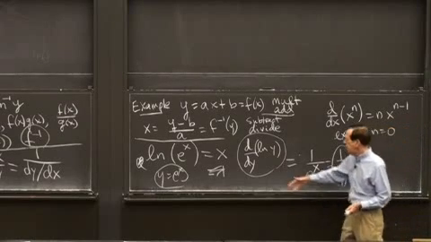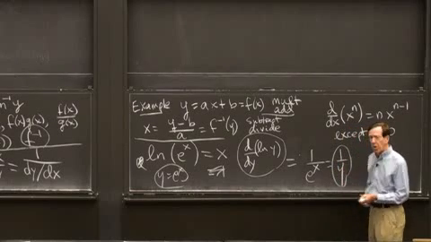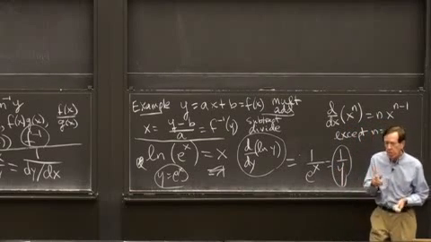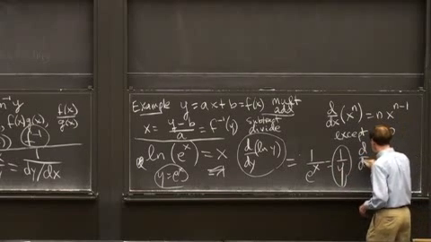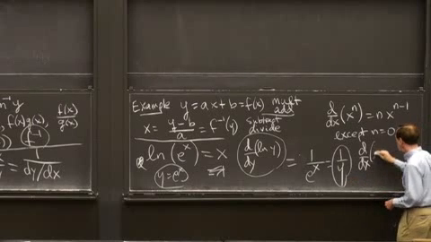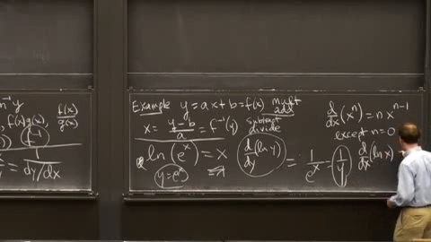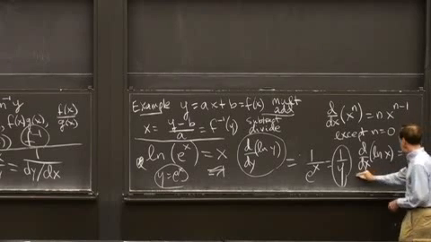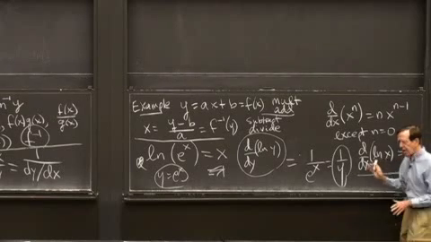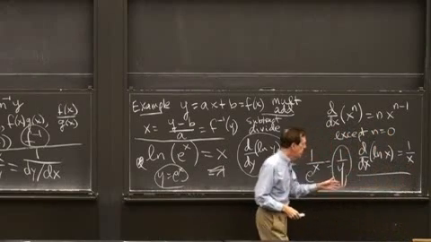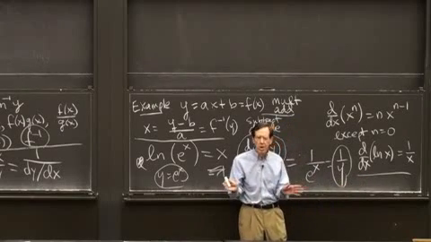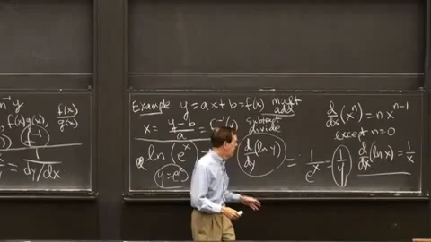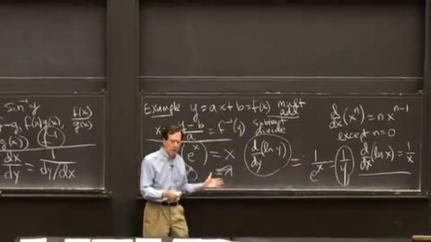You can write d log z dz equals 1 over z if you want to. You can write, as you might like to, d by dx of log x is 1 over x, using the 24th letter.